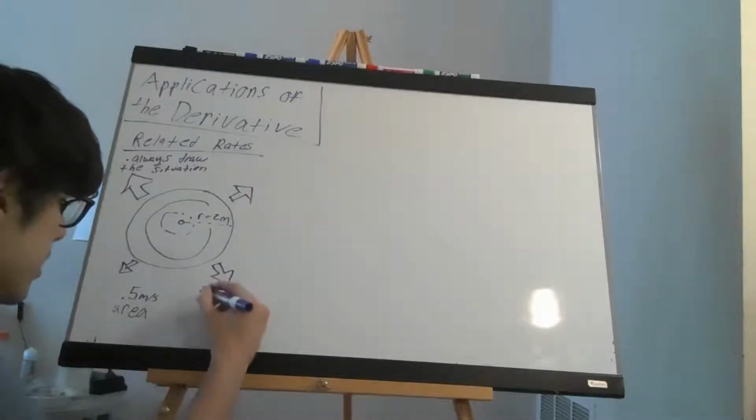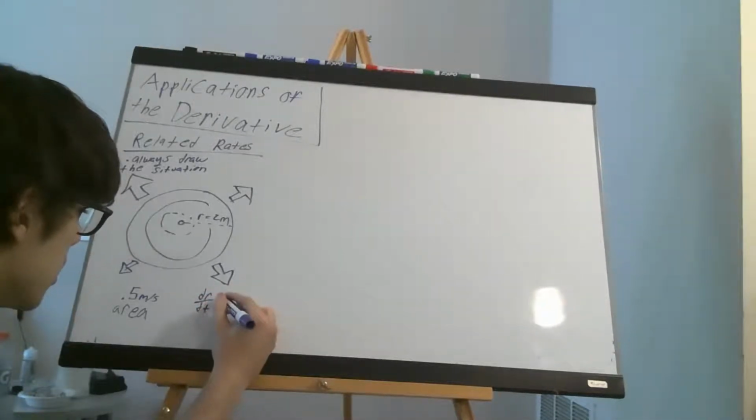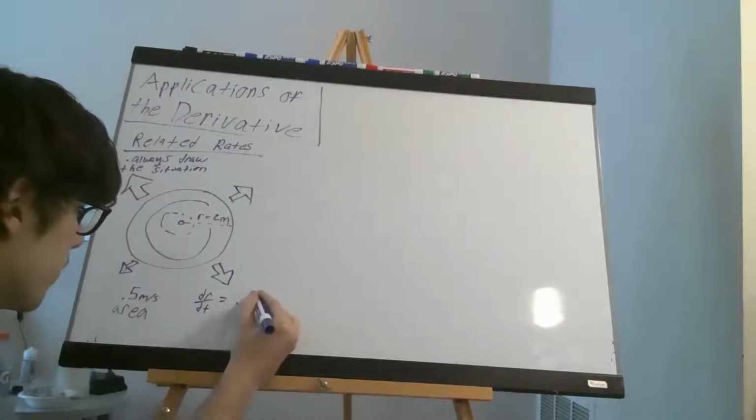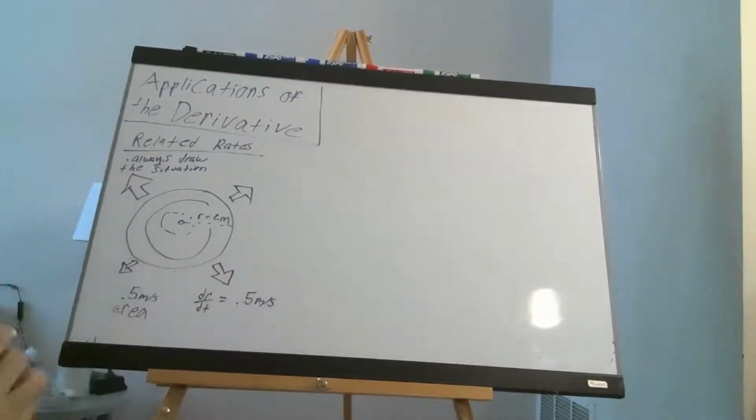So we've got dr/dt is equal to 0.5 meters per second. So let's think about what this means. Let's really take some time to think about definitions here, because most of the stuff is mathematically not too bad, but the definitions are the trickier part.